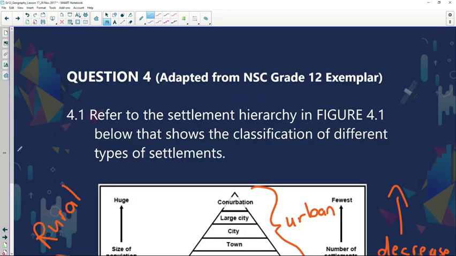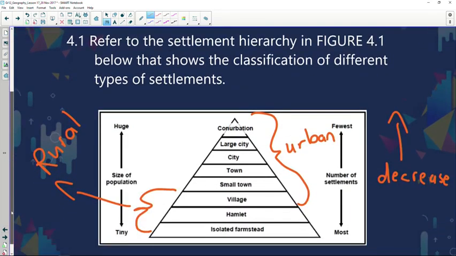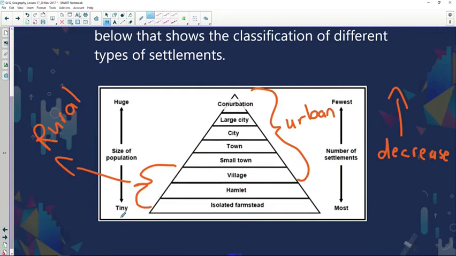Once again, if you go back to your figure, you can see the size of the population, the amount of people living there. It's decreasing when you move to rural settlements such as the isolated farmstead, and increasing when you move to conurbations, where there are a lot of people living because of more economic activities taking place.